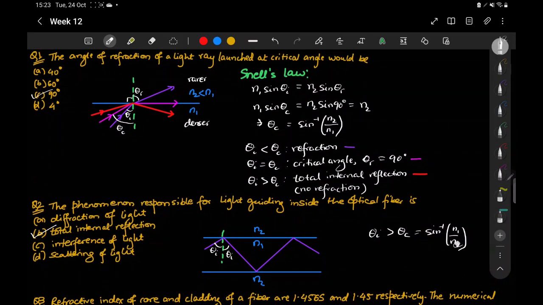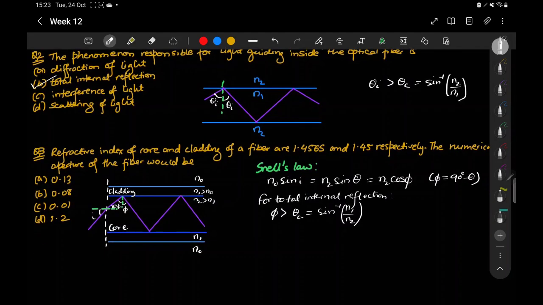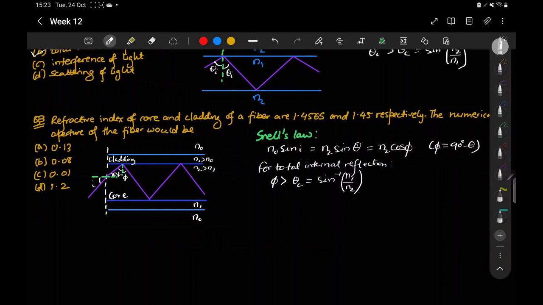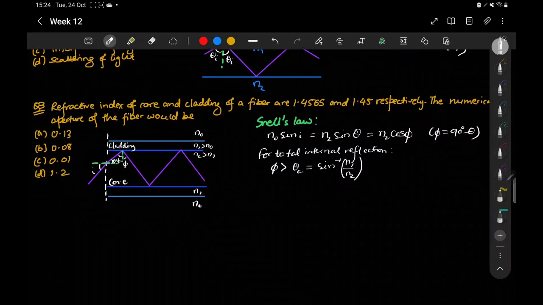Sorry, here I had written wrong. This was n2 over n1. It is the second surface over the first surface. So refractive index of the second medium over the first medium.